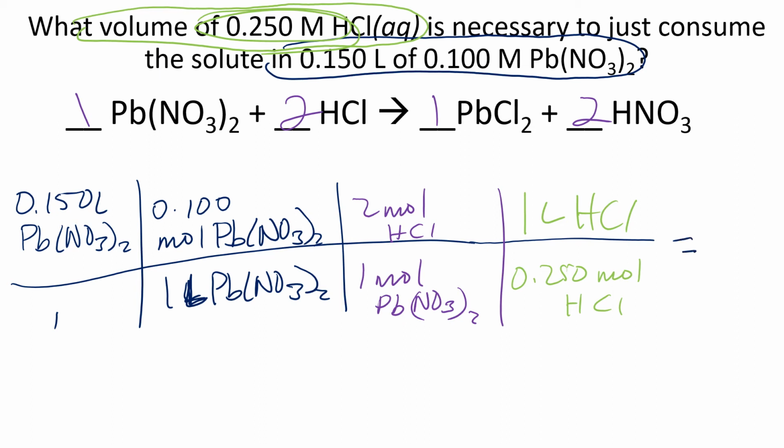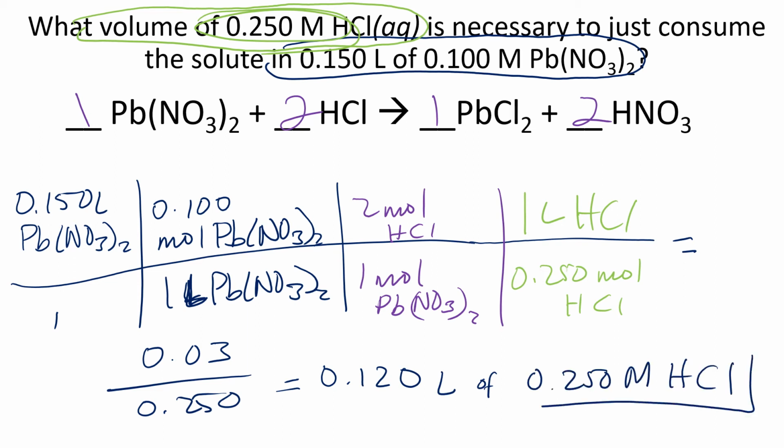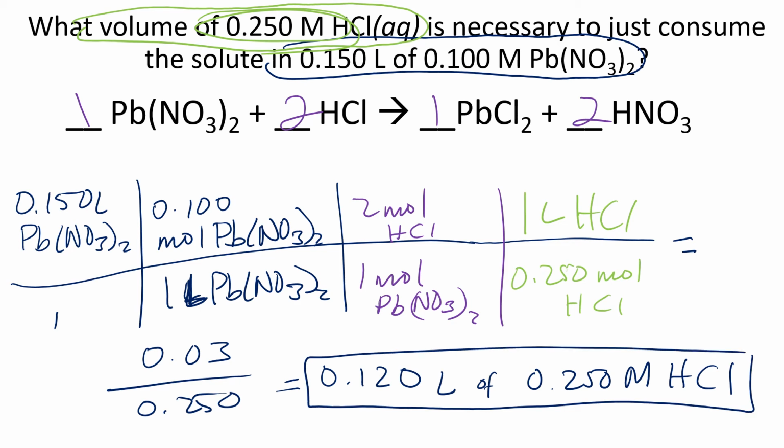Do my math. 0.15 times 0.1 times 2 times 1, that's 0.03 on top, and on the bottom it's going to be 0.250. Divide the 2, I end up with 0.12. I have 3 sig figs in my problem, so I've got to add a 0, and I'm going to put liters of 0.250 molar solution of HCl.